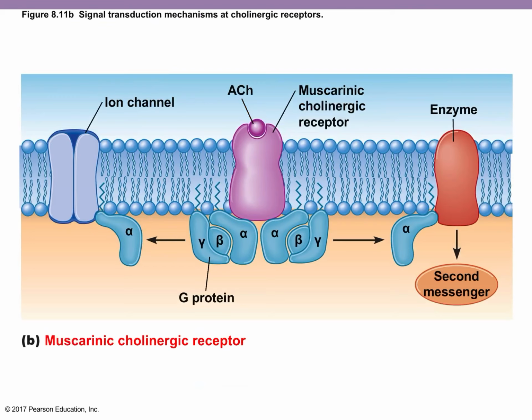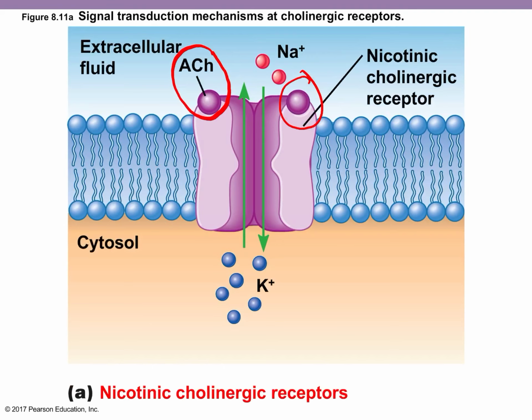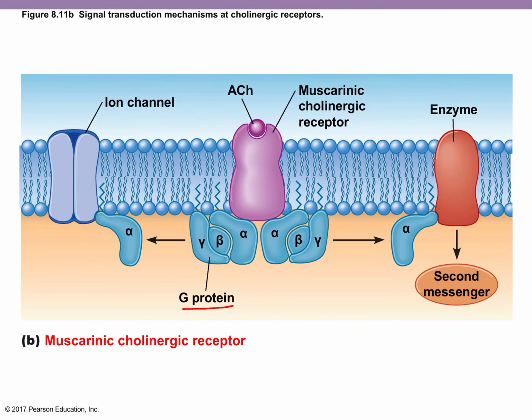Then you see another kind, the muscarinic cholinergic receptor, which is a G protein coupled receptor. When you see that, you think, okay, this is a slow kind of receptor, right? Ionotropic receptors are fast. If you have a G protein coupled receptor, it's going to be slow. So here's our muscarinic cholinergic receptor and the binding of acetylcholine.